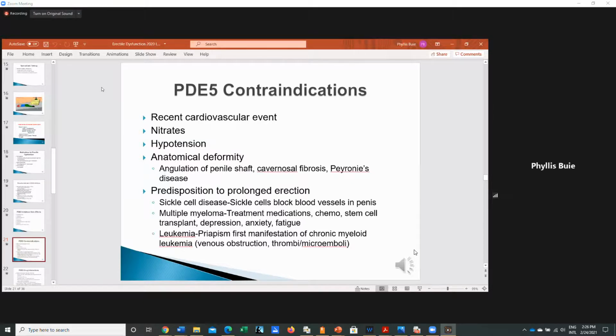So sometimes they go in and they're complaining of priapism, and then when they're worked up, they discover that they have chronic myeloid leukemia, because of all those little tiny microemboli that have occluded the vascular system within the penis.